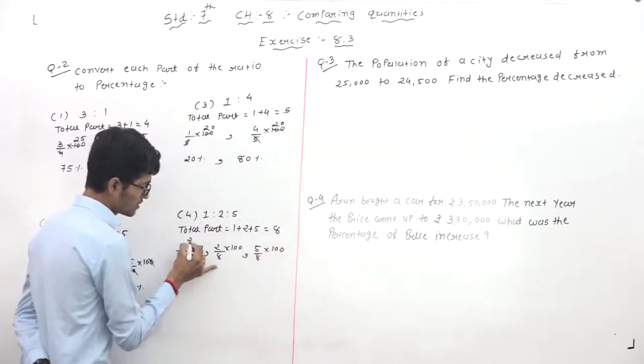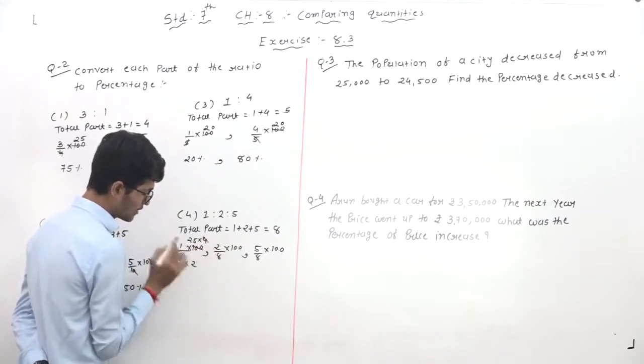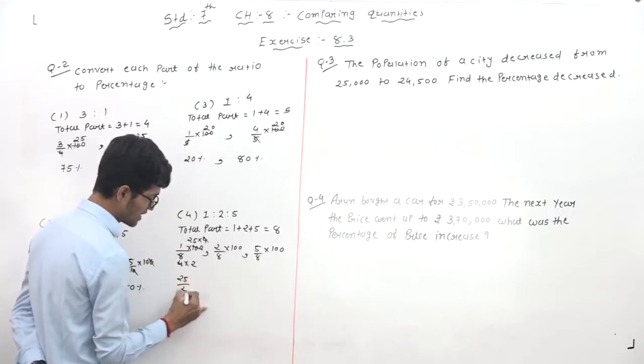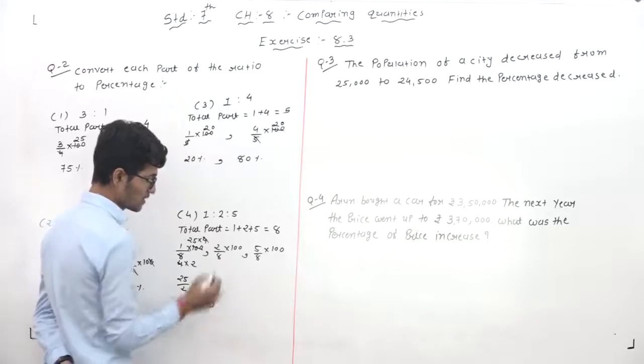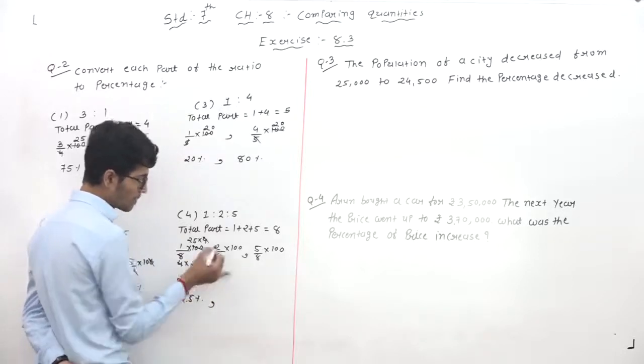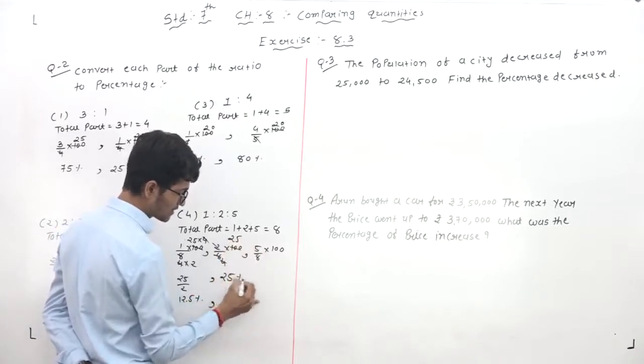Here, dear students, 25 fours are 100 and 4 twos are 100. So cut the 4, remaining 25 and 2, it means 25 divided by 2. 25 divided by 2 is 12.5, right? In the same way, 2 fours are 8, 4 twenty-fives are 100, it means 25 percent.